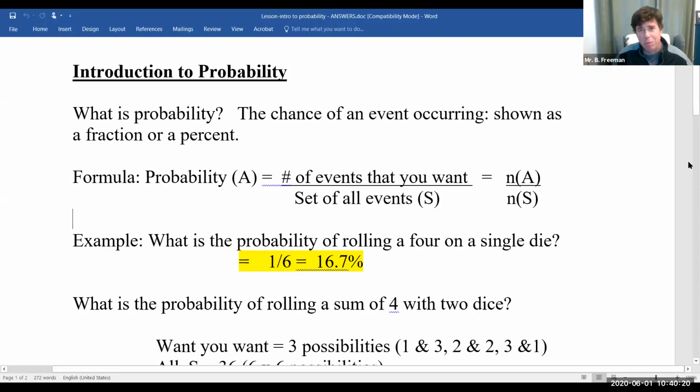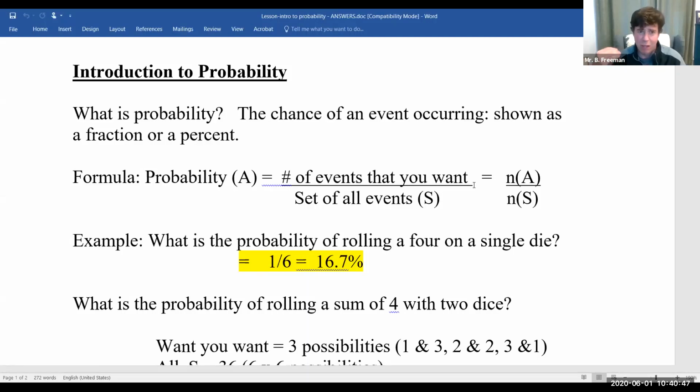What I like about probability is that unlike some of the other units, there's really no new formulas to learn here. All that probability is, is the chance of an event occurring. We show that final answer usually as a fraction or a percent, but we can also show it using odds or a ratio. But if you look at the probability formula, it very simply is what you want over all possibilities.